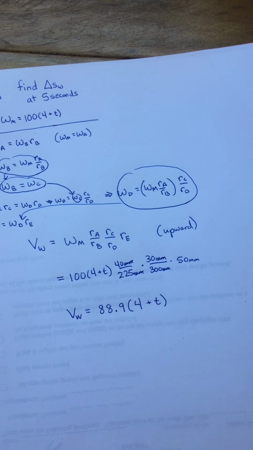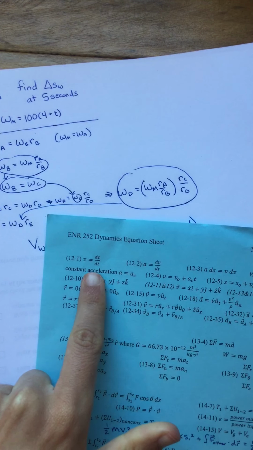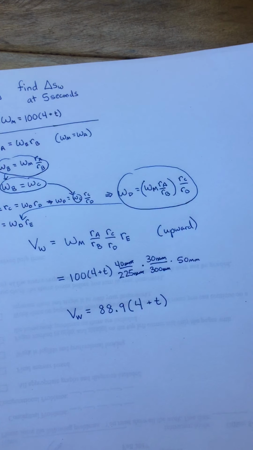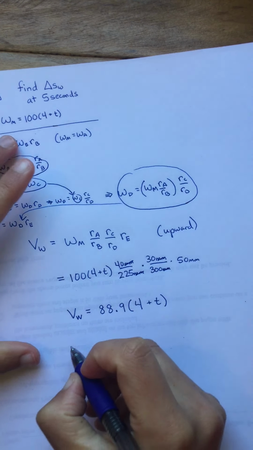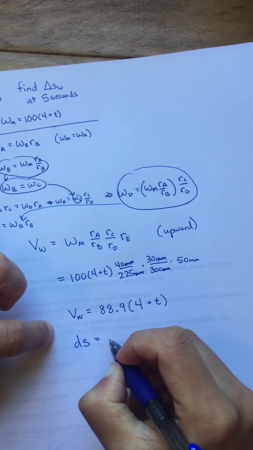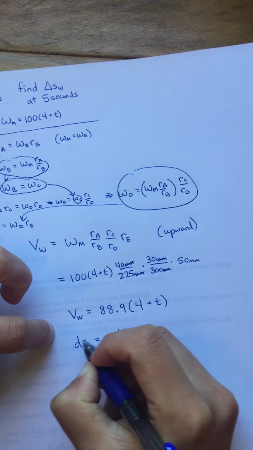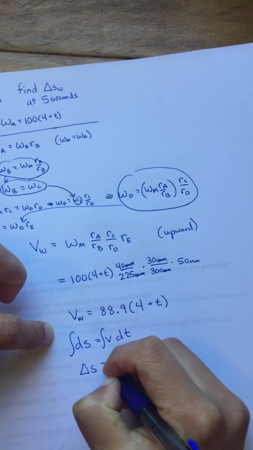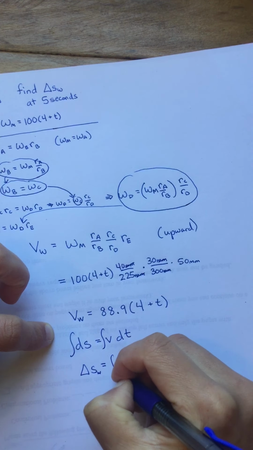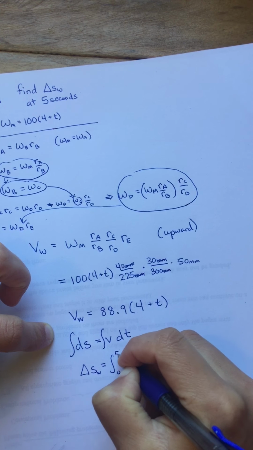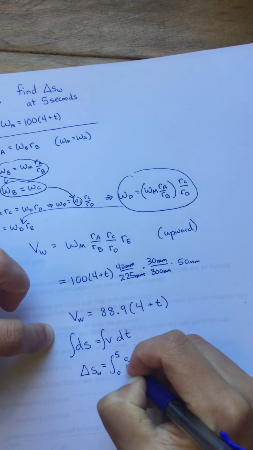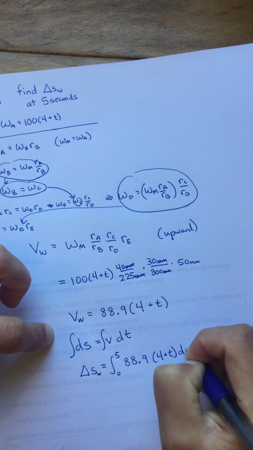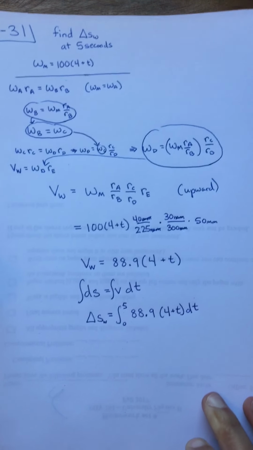So I guess going back to equation 12.1, where we have the velocity is ds dt, we can take that and rewrite it as ds is equal to v dt. Then we're going to integrate on both sides. On the left-hand side, that will give us delta S_W. On the right-hand side, we're going to go from 0 to 5 seconds. This is VW, which is 88.9(4 + t) integrated with respect to t.